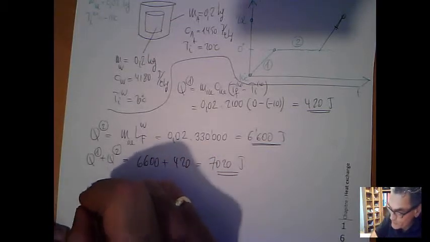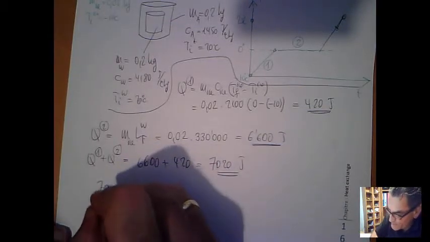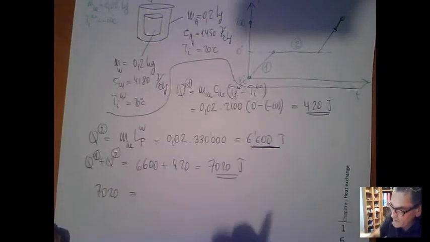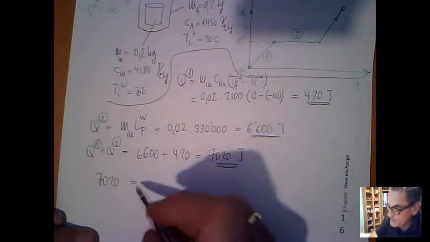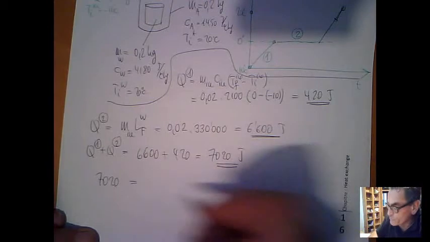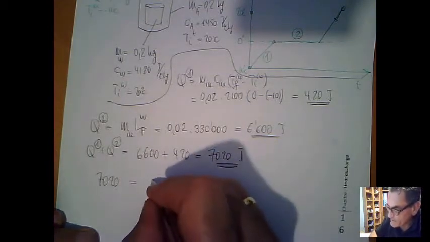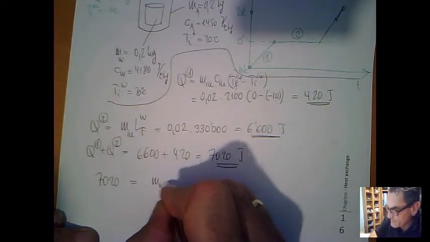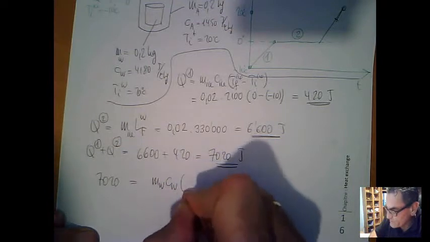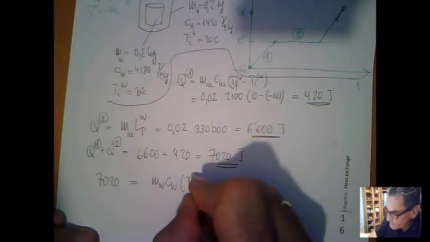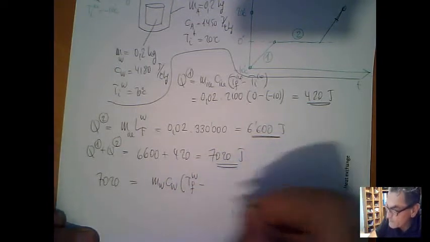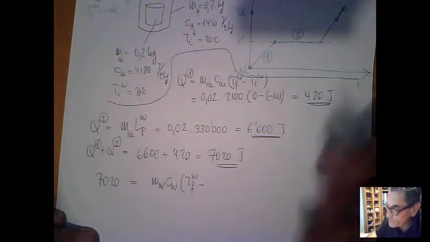So we need to say 7,020 is equal to what? We have two terms, the water and the glass. Let's say the mass of the water, the C of the water, the final temperature of the water minus the initial temperature of the water.